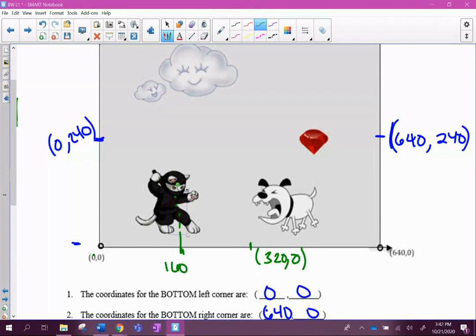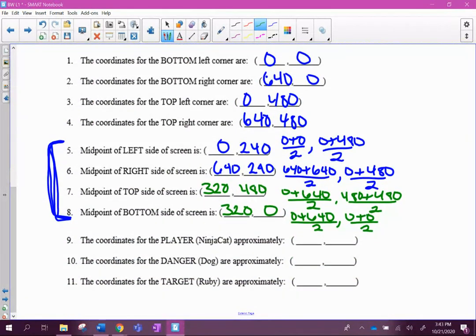And then it's not quite halfway, right? It's head. So however you interpret this, we could say that this was 120. Maybe this is like 100. So we'll say our ninja cat is 160, comma, 100.